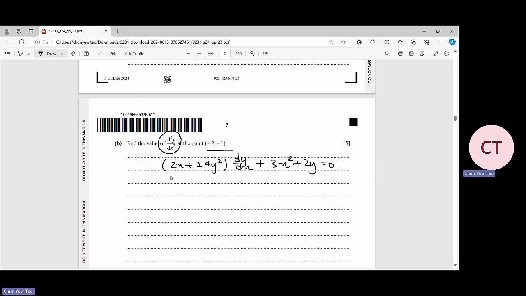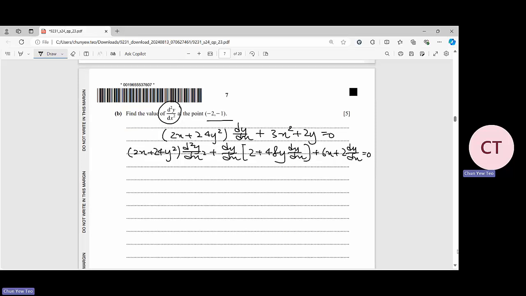Okay, so now from here we differentiate again, keep the left, differentiate the right, plus keep the right, differentiate the left. Plus the 6x plus the 2 dy/dx equal to 0.